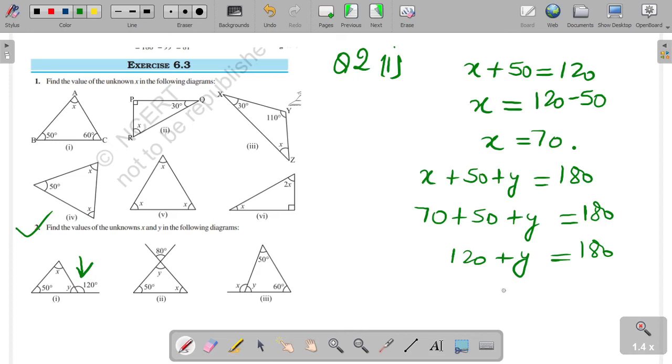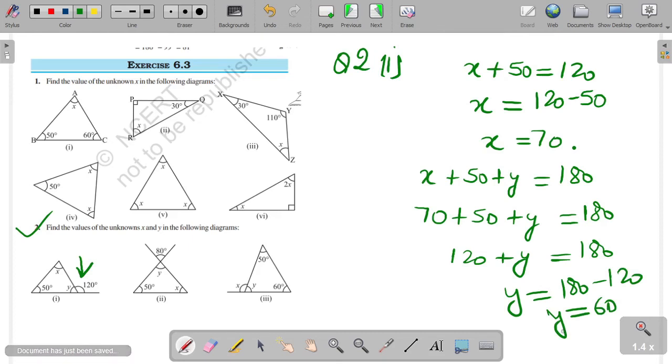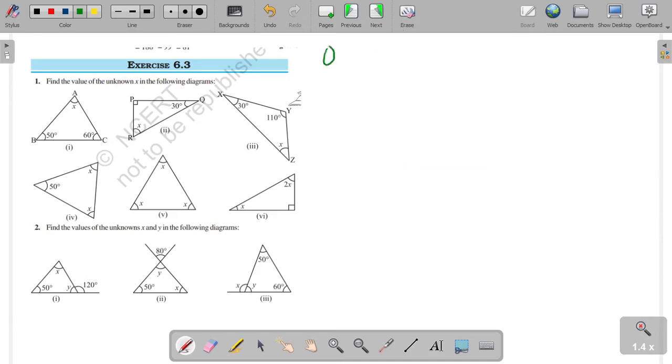So y is equal to 180 minus 120, or this is equal to 60 degree. This is question number 2, first part. So it is in two parts. First we have used the exterior angle property up to here. Then we have used the angle sum property from here.